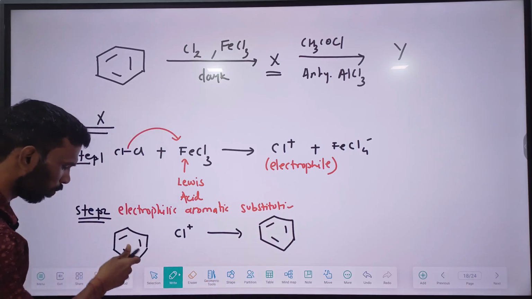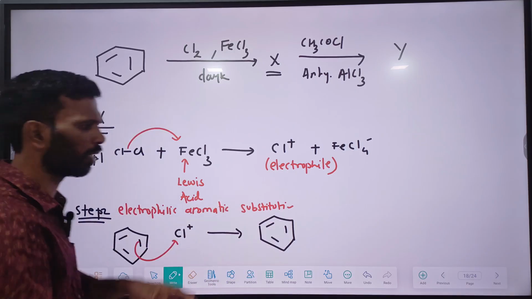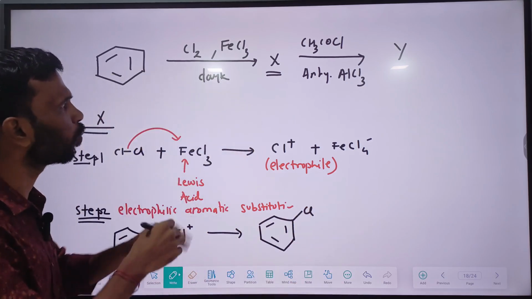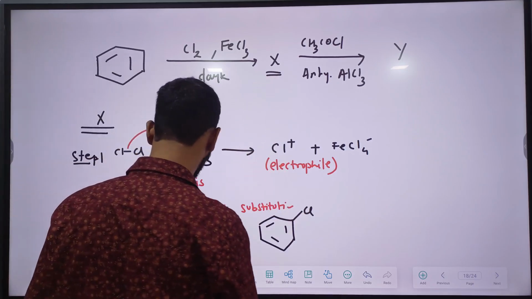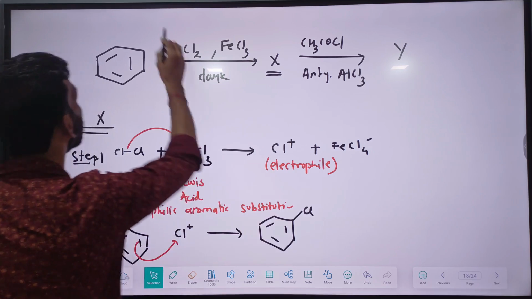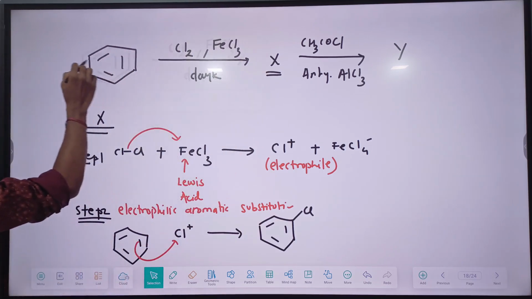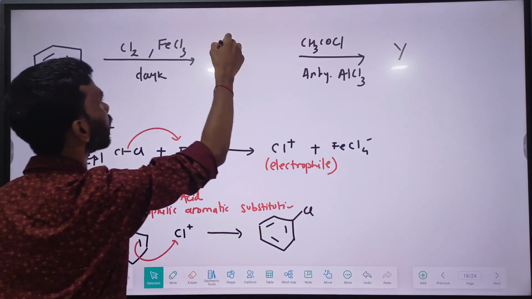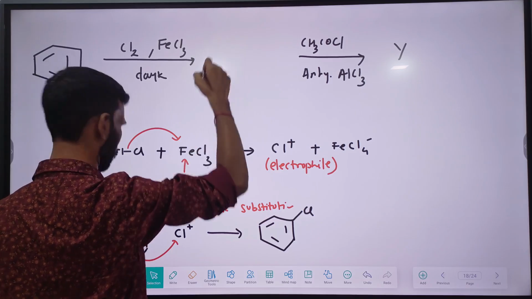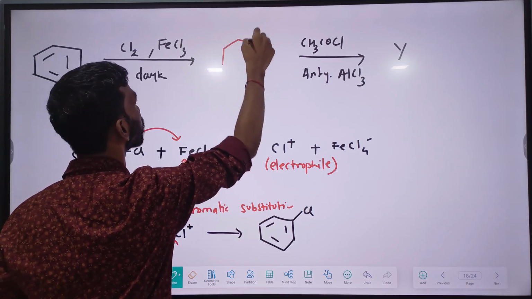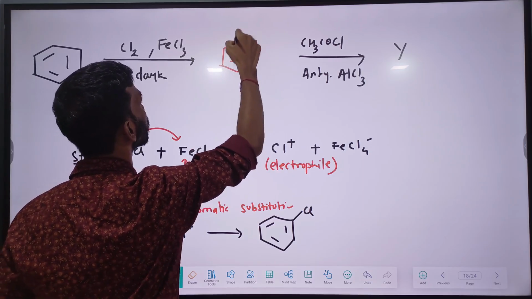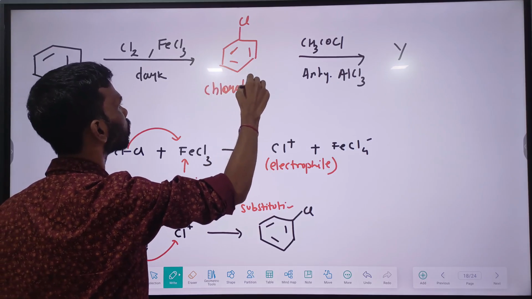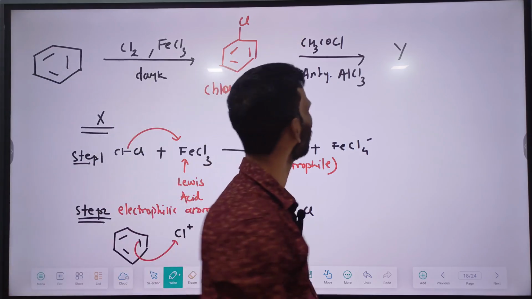Means the electron-rich benzene will attack the electron-deficient electrophile and form the bond. Wherever you put Cl, it is equivalent. So X is chlorobenzene.